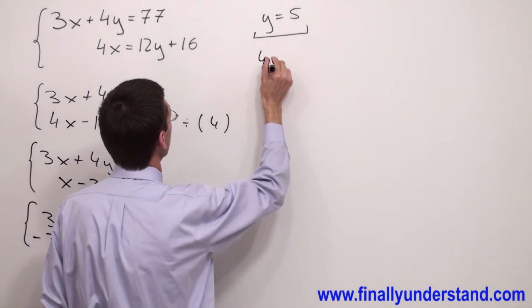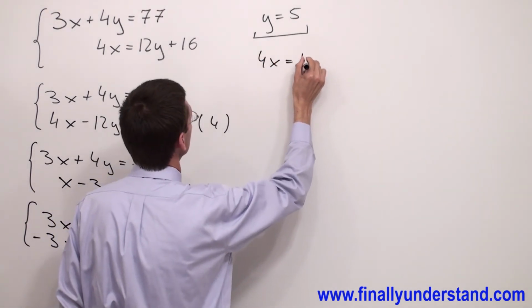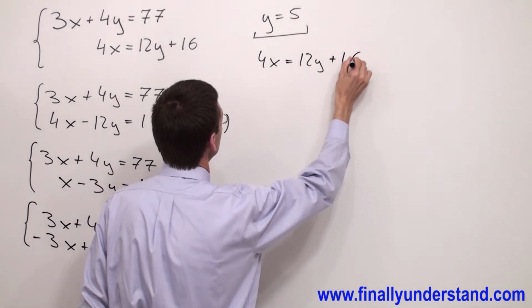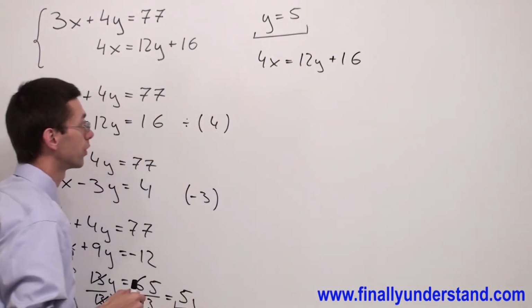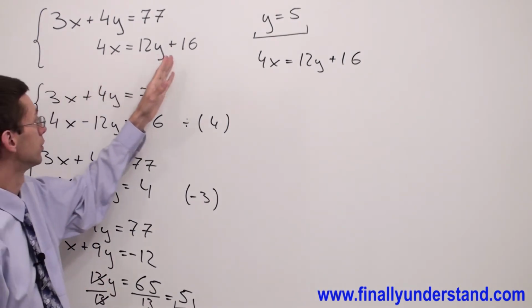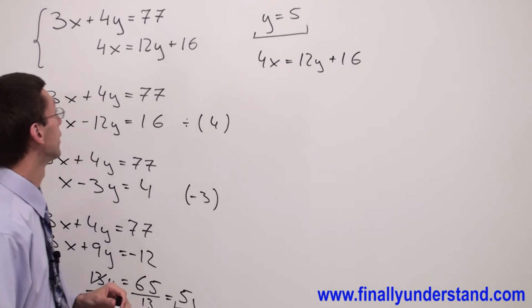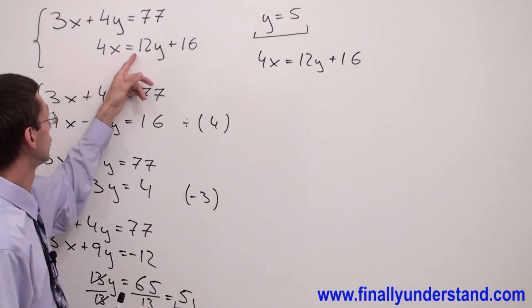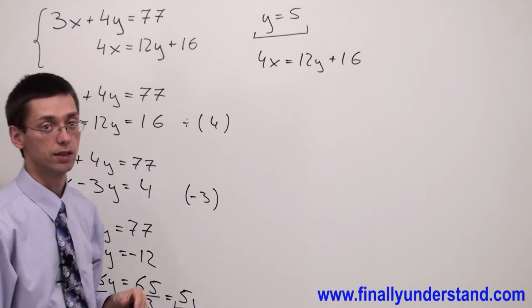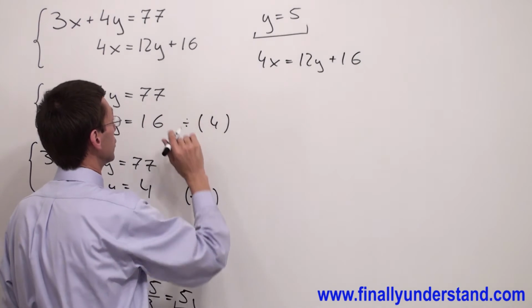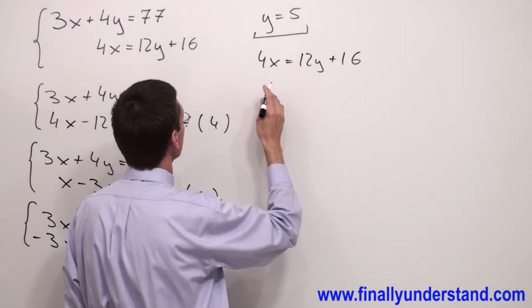So I have 4x equals 12y plus 16. And I always try to use the equation which has the lowest values of the coefficients, okay? So it's much easier to deal with numbers like 4, 12, 16 than 77, okay? So that's why I also choose equation number 2.